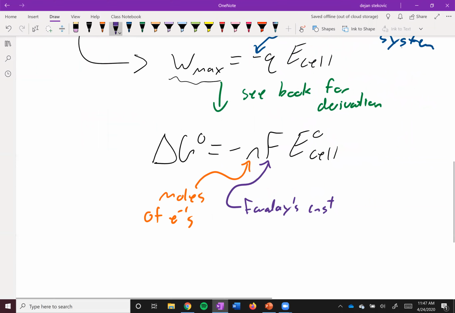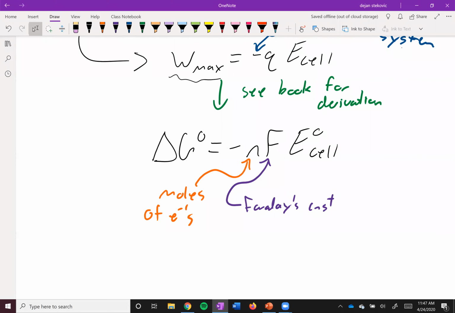It's basically how much charge does a mole of electrons have? And so it's 96,485 coulombs per mole of electrons.